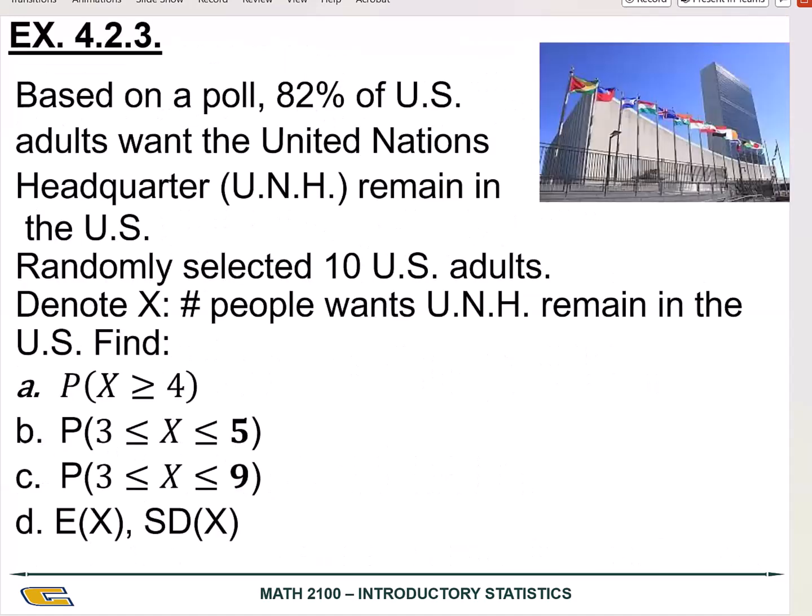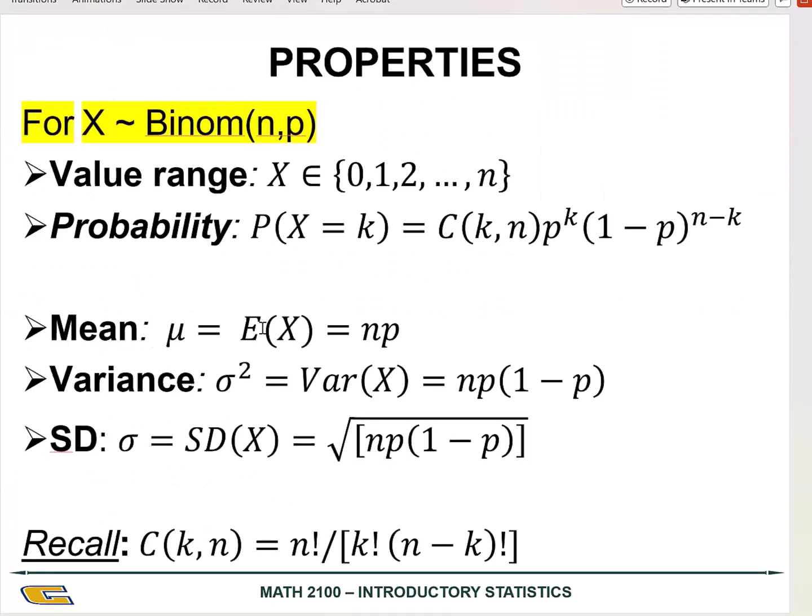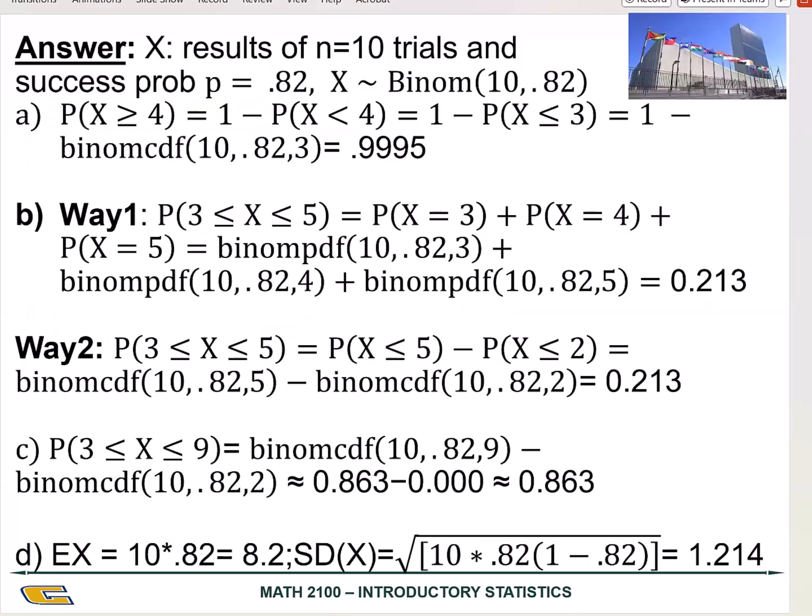And the last part is to find the expected value and the standard deviation of X, right? We do have formulas for that. The expected value will be n times p, the mean. And the standard deviation is just the square root of n times p times (1 minus p). And n in our case is 10 and p is 0.82, right?